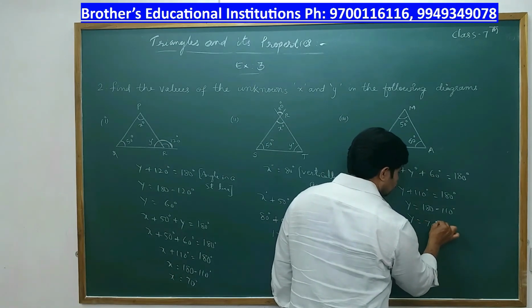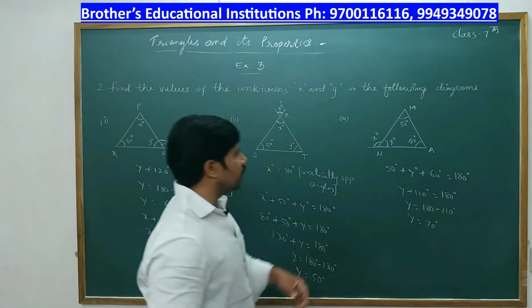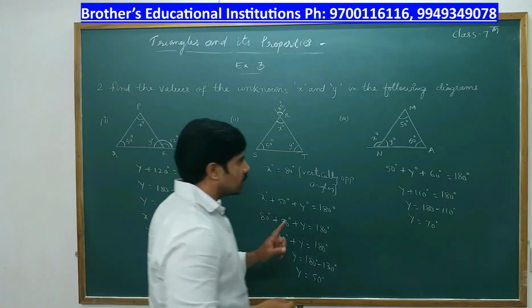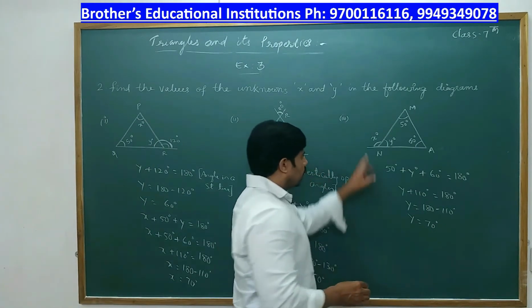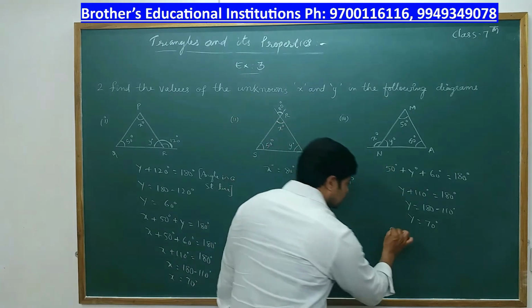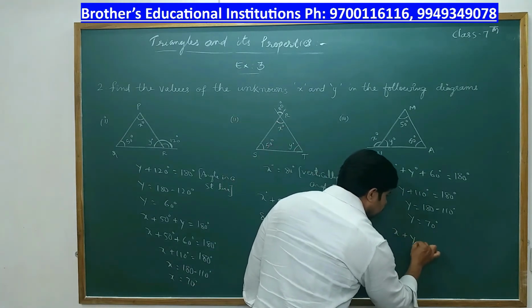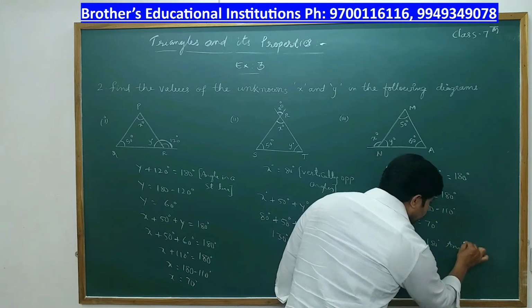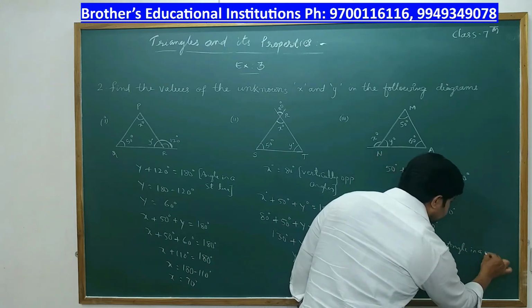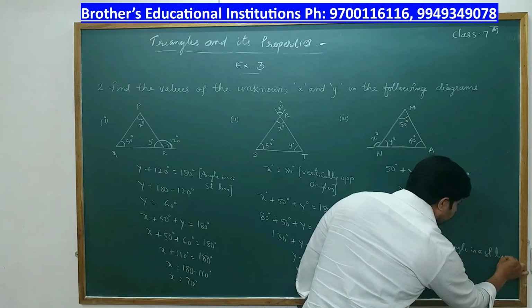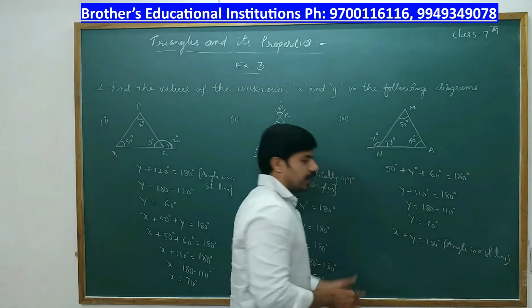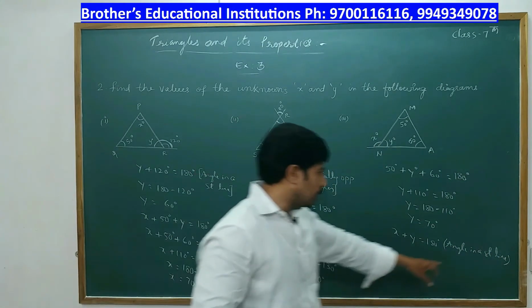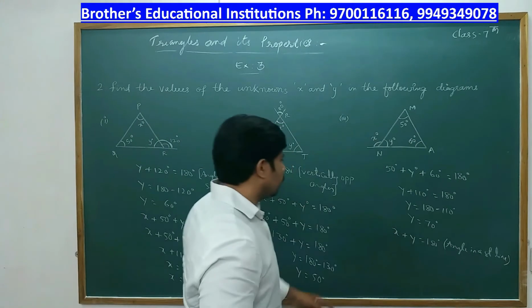So y is how much? 70 degrees. Now after getting y, x plus y is 180 degrees. The reason is angle in a straight line. Angle in a straight line is always 180 degrees. ST means straight line. Now we will substitute y.